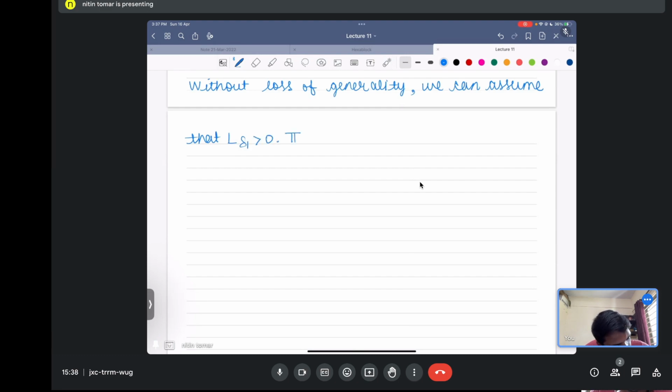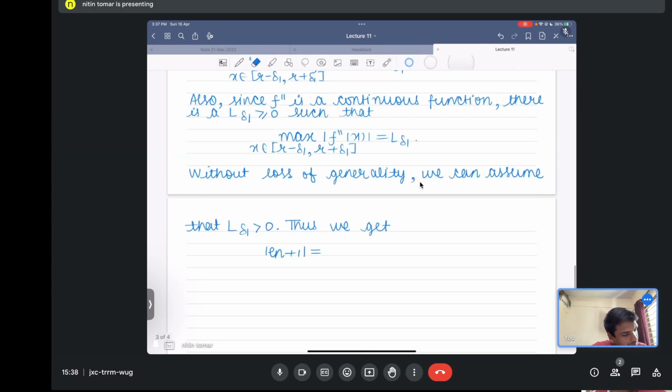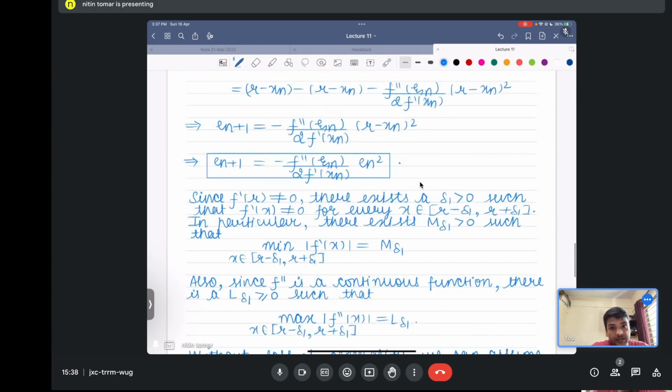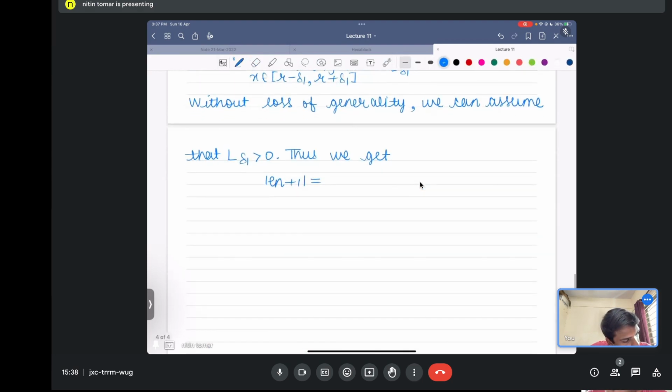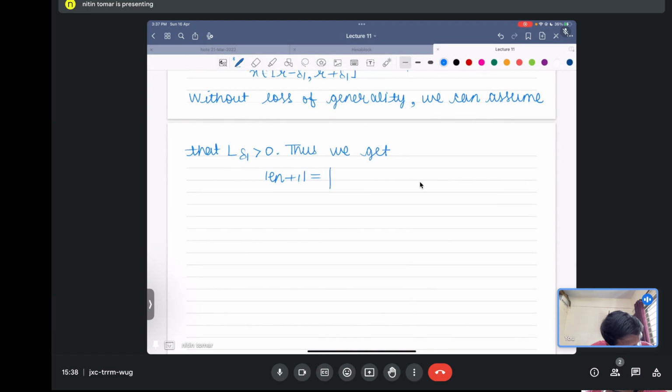So thus we get, you remember mod of e n plus 1 we have already computed. It is this quantity in the square box, in the rectangular box. So it will be mod of f double prime zeta n by 2 times mod of f prime of x n times mod of e n square.